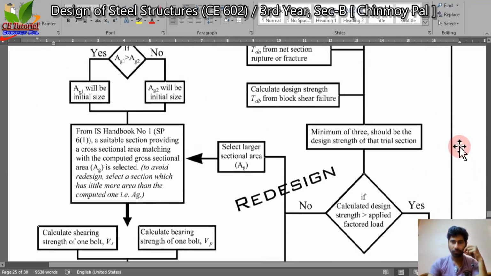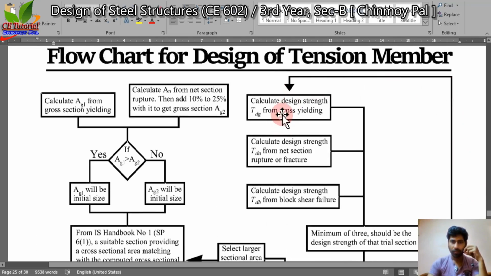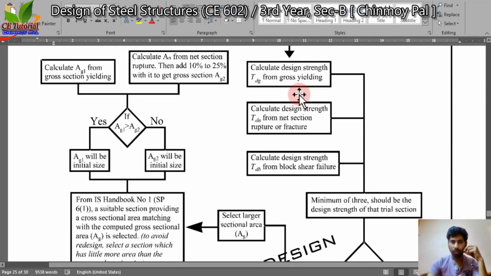Now the next step is you have the provided actual cross-sectional area from handbook, and this cross-sectional area obviously is not equal to your calculated cross-sectional area. That's why the design strength of this connection will be changed.